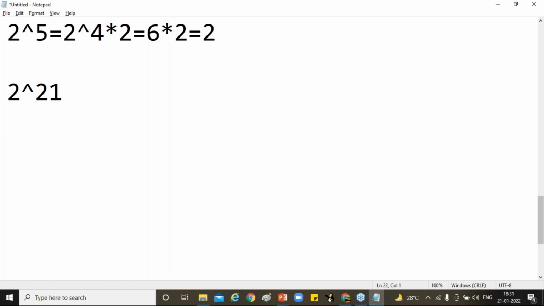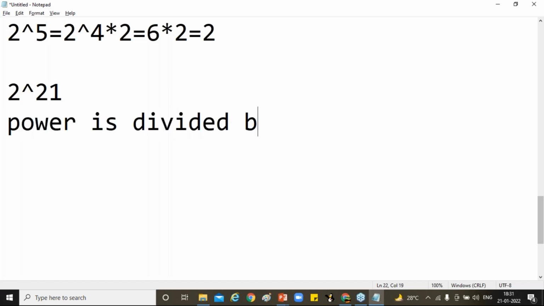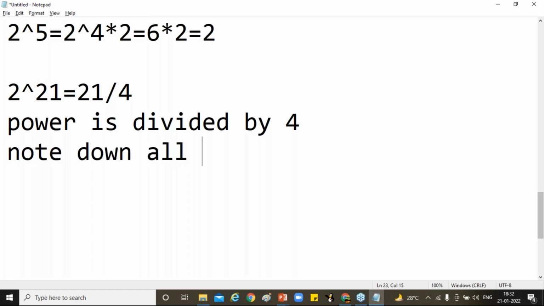Step number 1, the power is divided by 4. The power is divided by 4 because the values are repeated for every 4 iterations. Here the power is 21. 21 is divided by 4. Then note down all possible remainders.